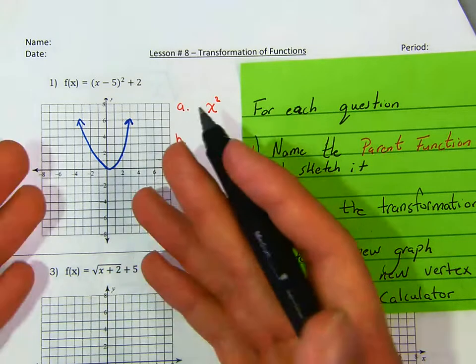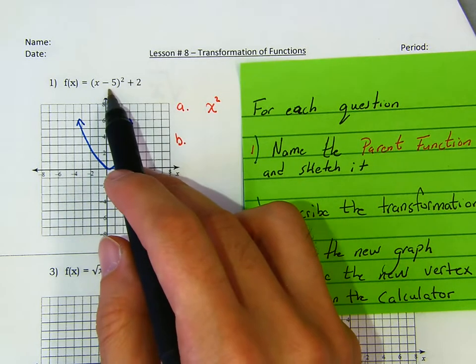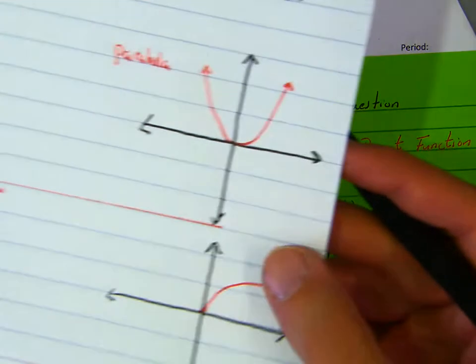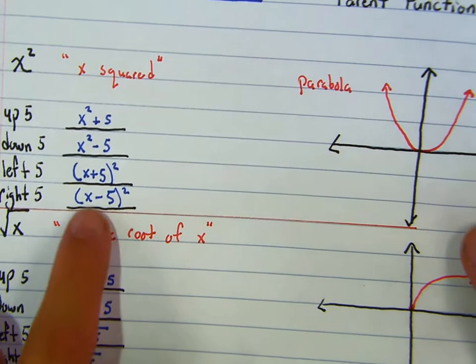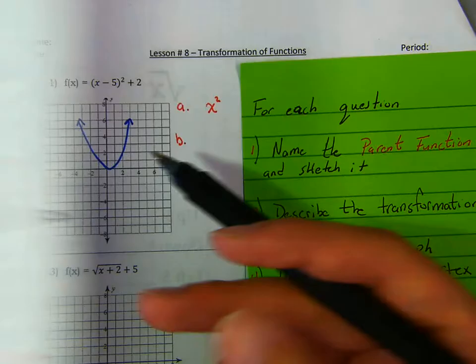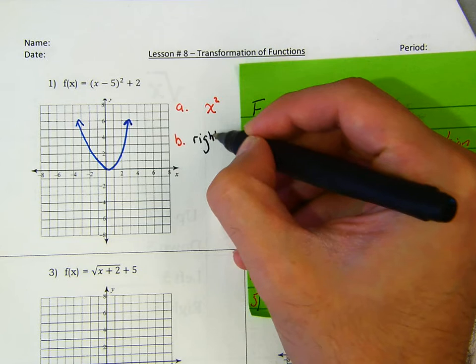Pause the video, think about it. What does this minus 5 tell me to do? Let's just take a look at our notes real quick. If I have minus 5 on the inside, this is implying go right 5. So then here, I have to go right 5.